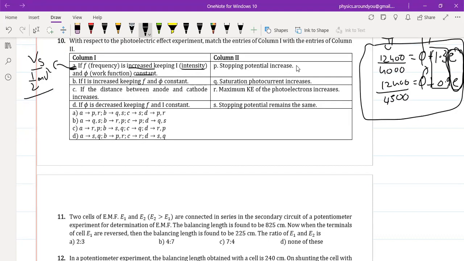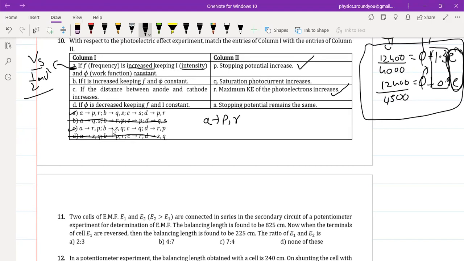So stopping potential will increase and maximum kinetic energy also increases if I increase the frequency. So A should go with P and R. Which of the options says A goes with P and R? Only C and A. I can eliminate B, I can eliminate D totally.